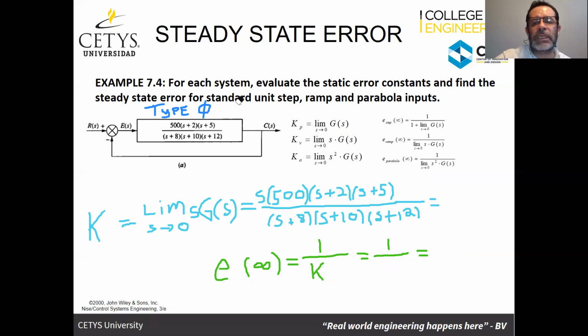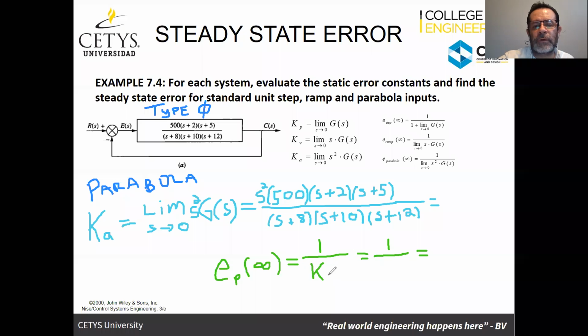In the case of the parabola, which is the input that has to do with acceleration, the constant is going to be called Ka because it's associated to acceleration. And it's going to be the limit of s squared times g of s. So we're going to have an s squared here. If you notice, it's going to be exactly the same as the previous one.